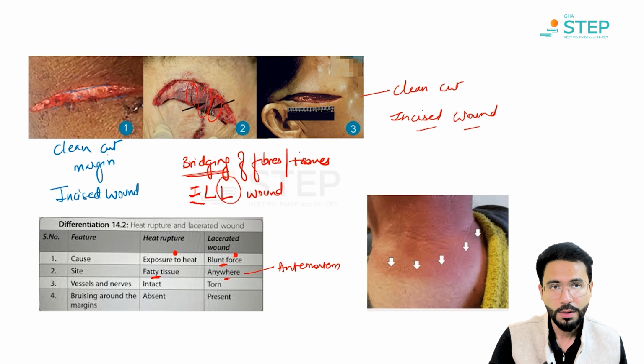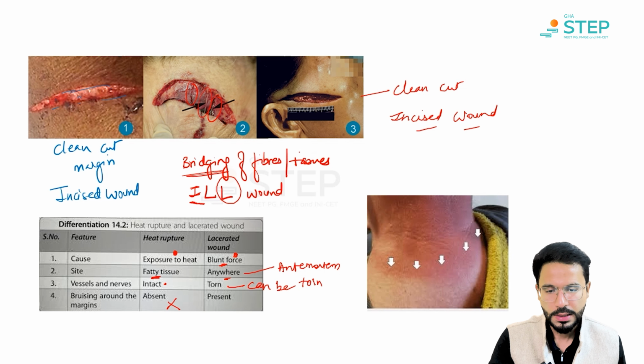Vessels and nerves are intact in heat rupture because only the fatty tissue separates, whereas vessels and nerves can be torn in lacerated wounds. Bruising around the margins is absent in heat rupture, whereas it is present in lacerated wounds because of the blunt force.